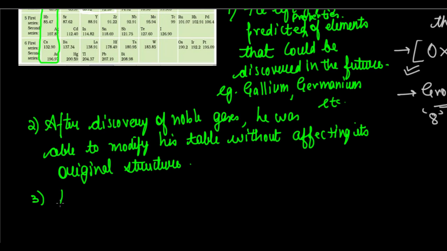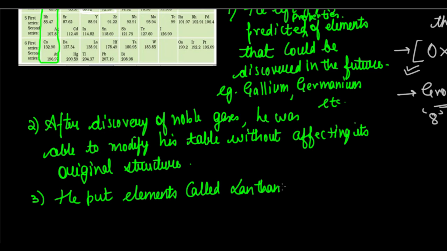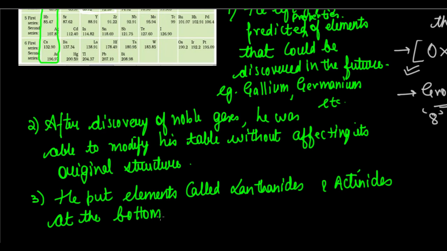So he put elements called lanthanides and actinides at the bottom of his table. And basically, they were continuations of the elements lanthanum and actinium.